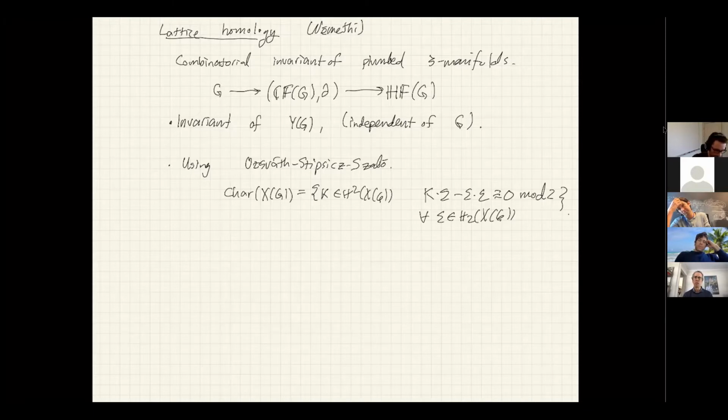Many people see these all the time, and we use them to build the generators of this lattice complex.